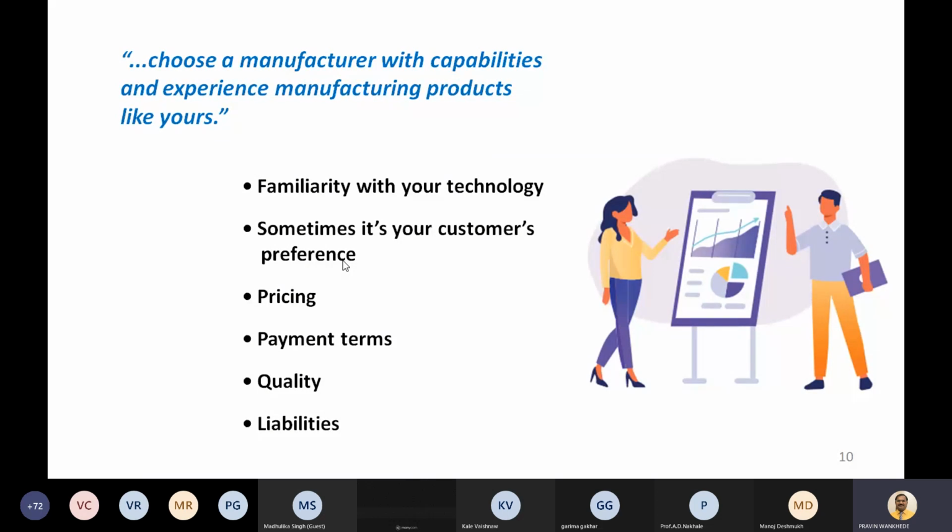So there should be a clear picture of the pricing between the component manufacturer and the developer, so that you can think about the final product cost in your product development.